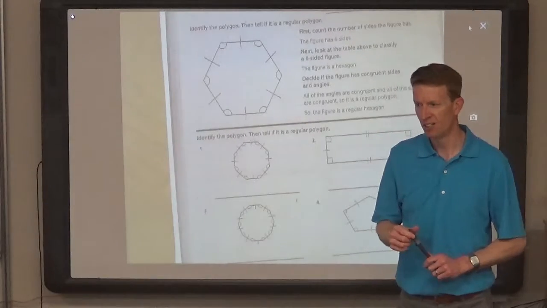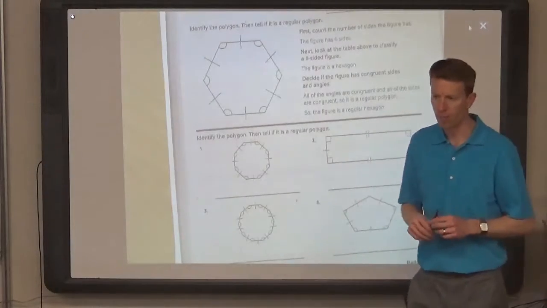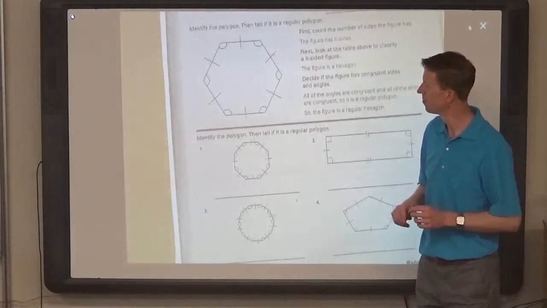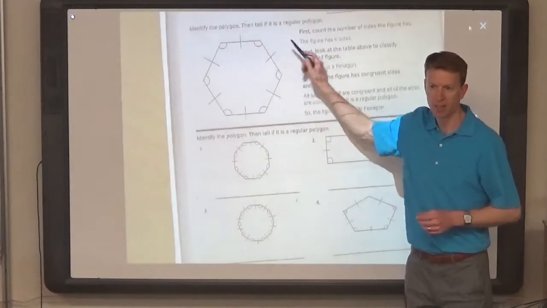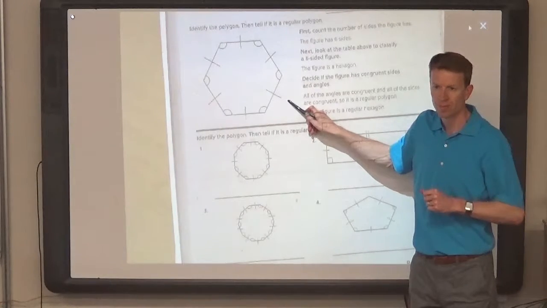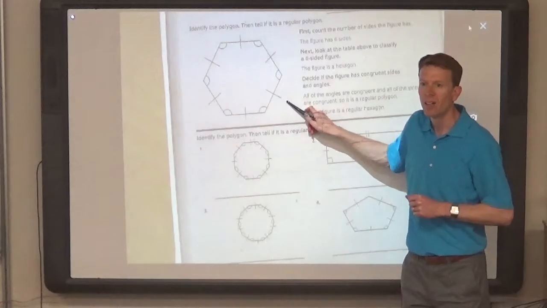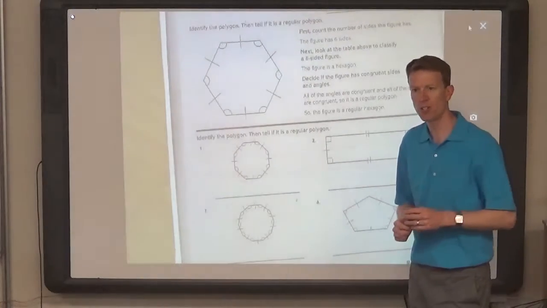So when you're classifying these, you can tell by looking at it. So this would be a regular, what? Has 6 sides. Aiden? Hexagon, good.